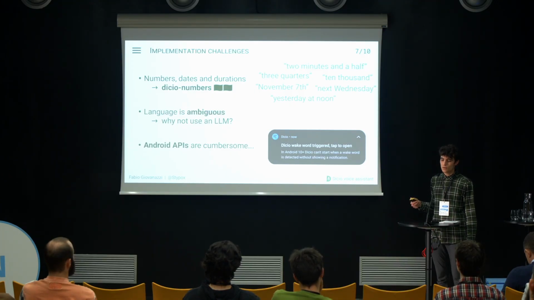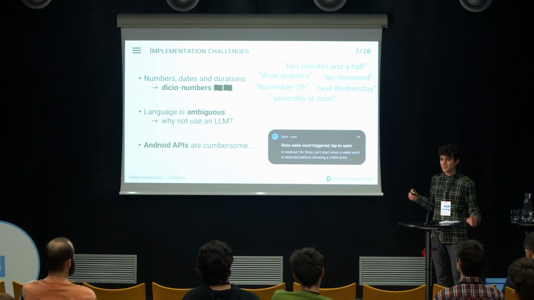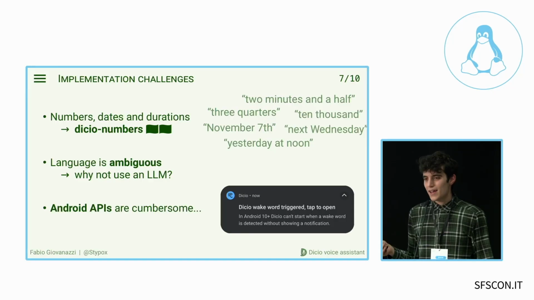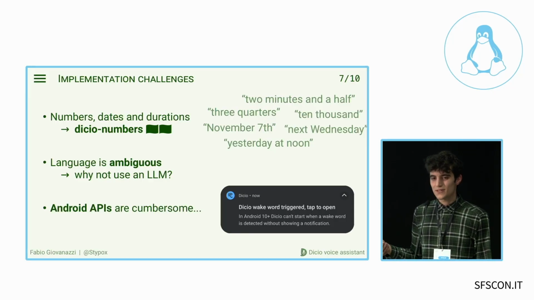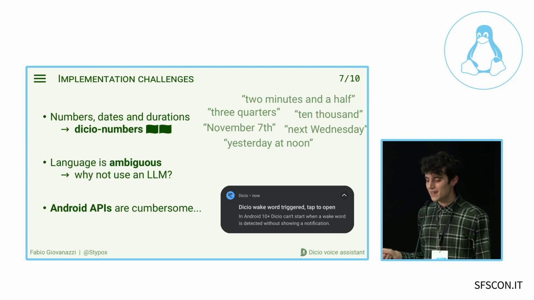You can run small models on device, and you can ask me about that later because I made some experiments, but it's still not fast enough, and especially for just matching sentences, this system works decently, I would say. Small LLMs are also not so good at extracting numbers, dates, and durations, which would be one of the biggest pain points at the moment.